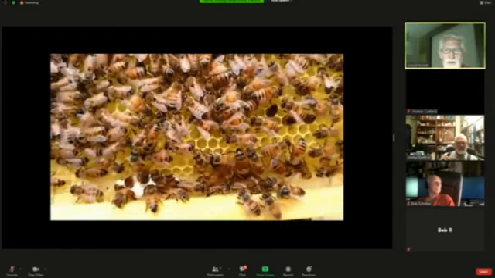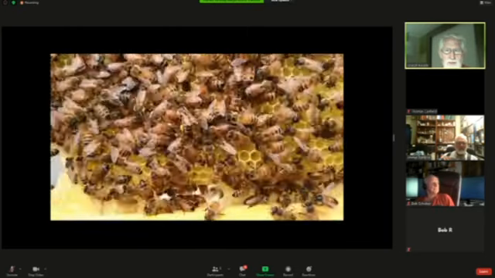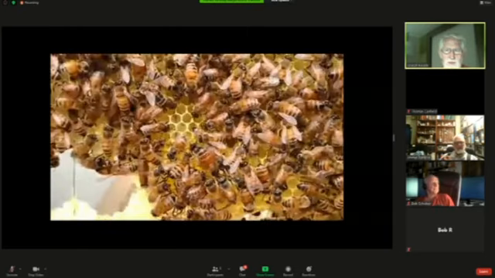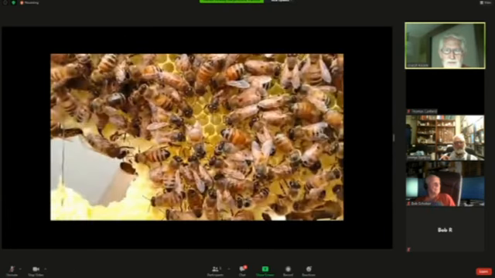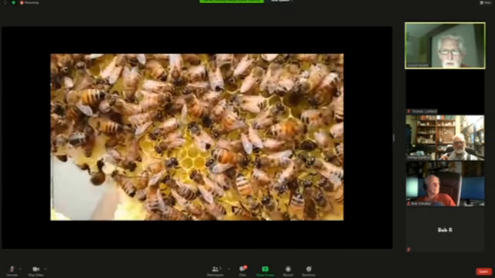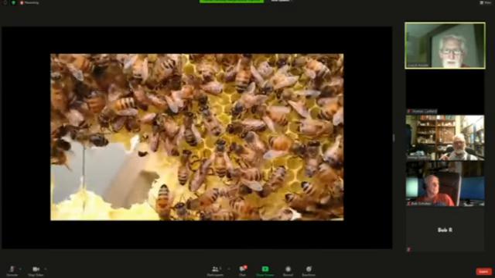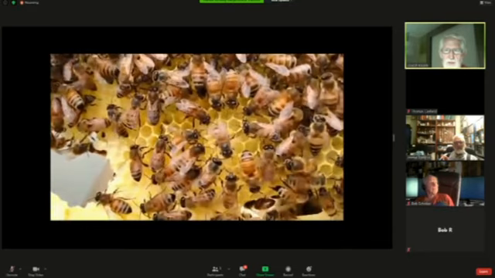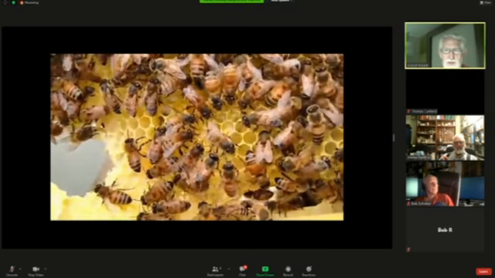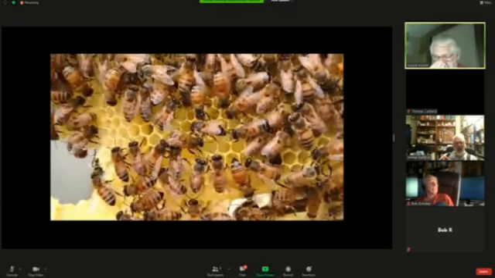And then we'll repeat the dance again. Same angle as before. Goes back up, comes back down. So that's not a real fast vibration there. Well, at one time it wasn't so fast. But that speed of the vibration indicates the distance. And also they may pass out samples of nectar so that they have that smell.